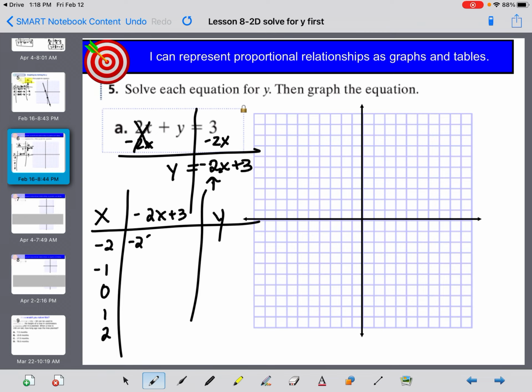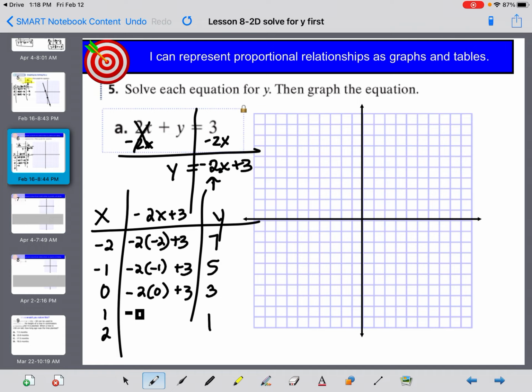Okay, then we put in negative 2 times negative 2 plus 3. 4 plus 3 is 7. Then negative 2 times negative 1 plus 3 gives me 5. Then negative 2 times 0 plus 3 gives me 3. So 7, 5, 3, the next one is going to be 1.